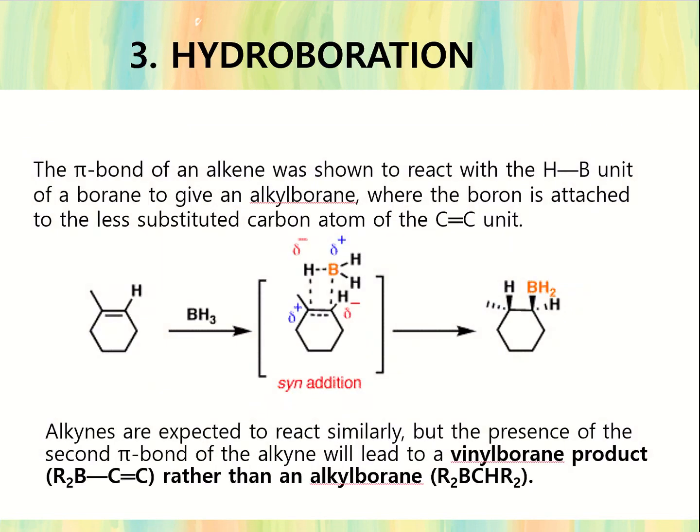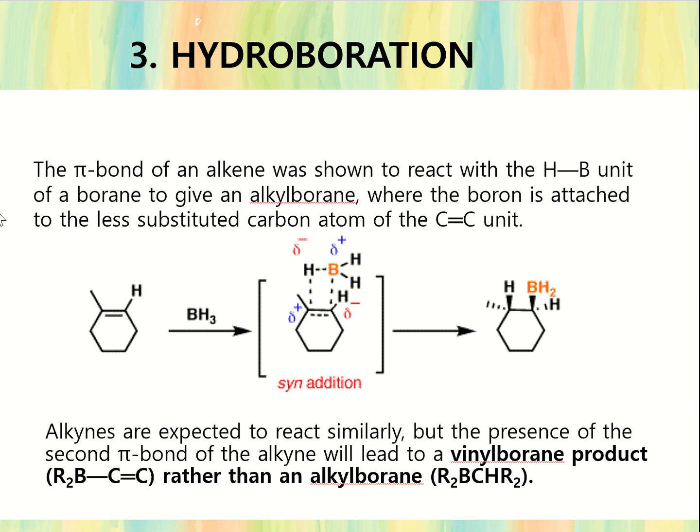And the third reaction we're going to be looking at is hydroboration. And so when you have a pi bond of an alkene and it's reacting with our borane to give an alkyl borane, where the boron is attached to the less substituted carbon atom of the carbon-carbon double bond unit, right?